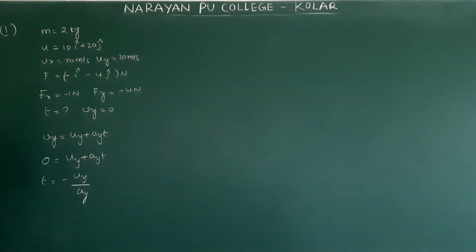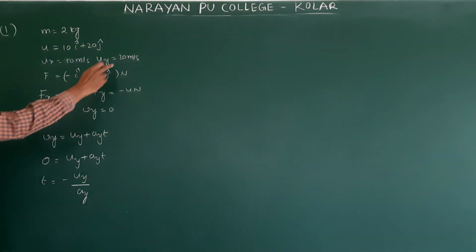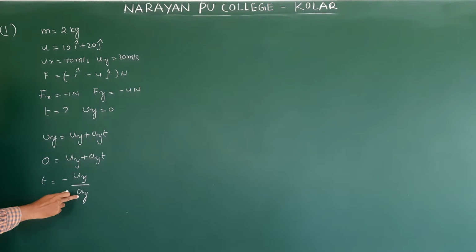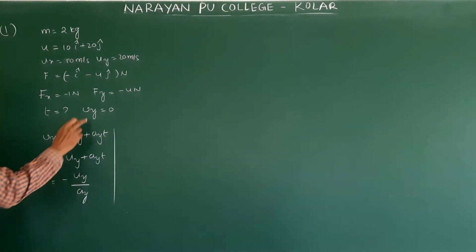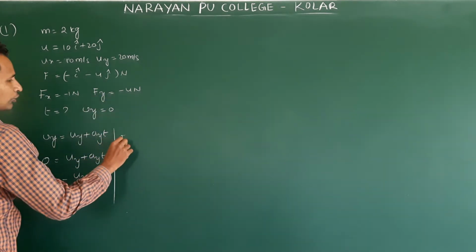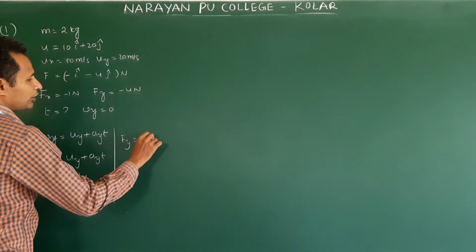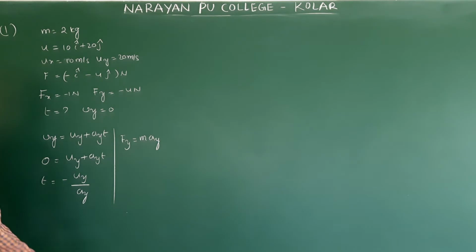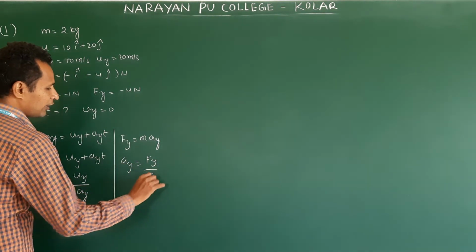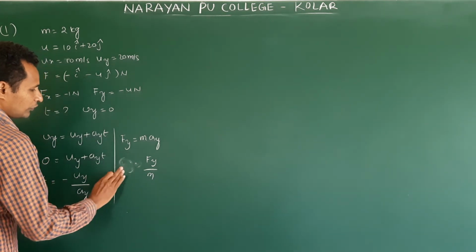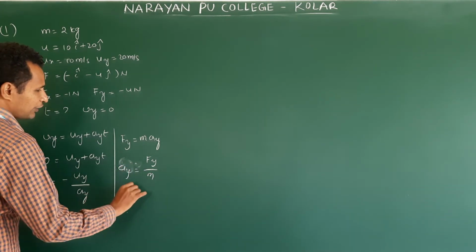Uy is already given, 20. Ay is required. So how do you find ay? We have a force along the y direction. So Fy is equal to m into ay, ay is equal to Fy by m. Clear? What is Fy?